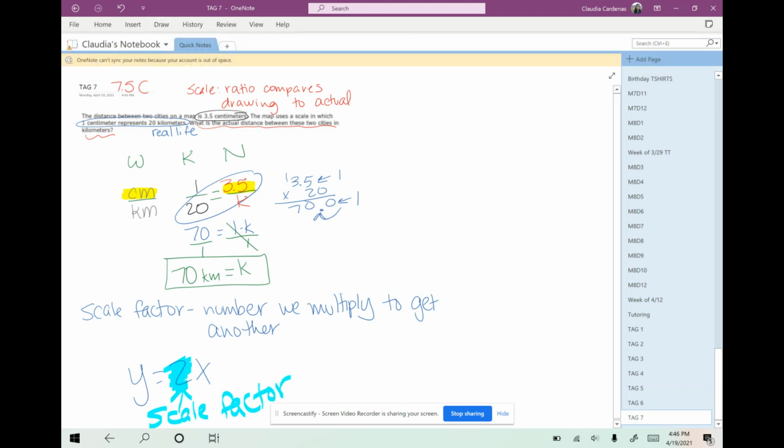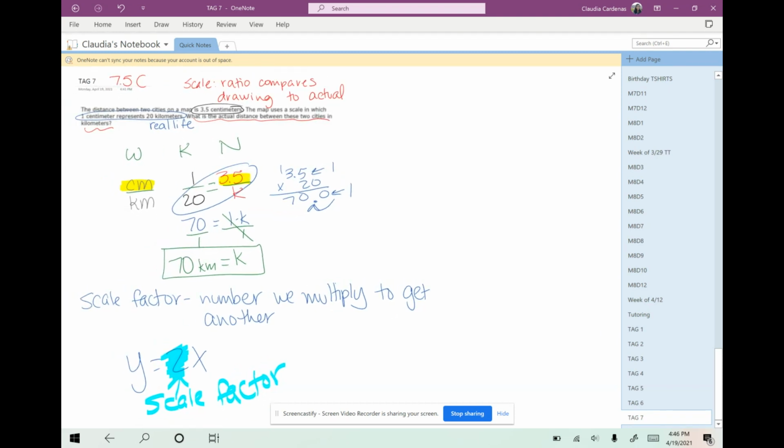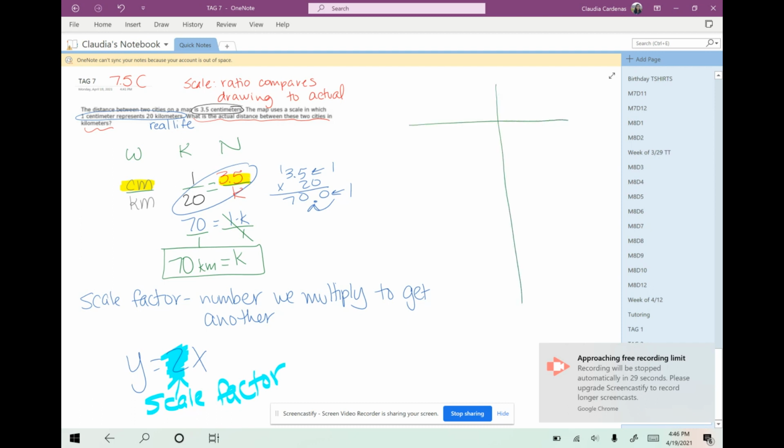So we call it scale factor. We can use this concept with the problem that we just did. I can make a table with the actual figure versus the map.